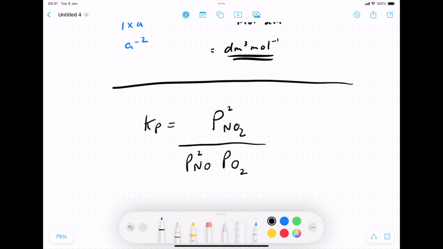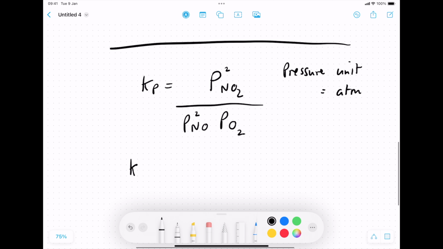Now, it depends on the question what the unit of pressure would be. Usually it's either pascals or atmospheres. So just for today, let's say that the pressure unit is given to us as atmospheres. And therefore, that is what we need to substitute into this expression.